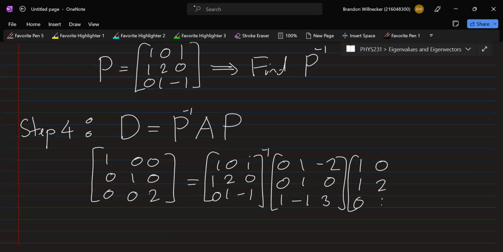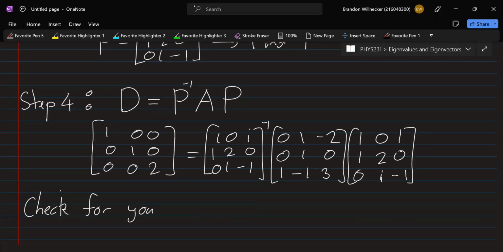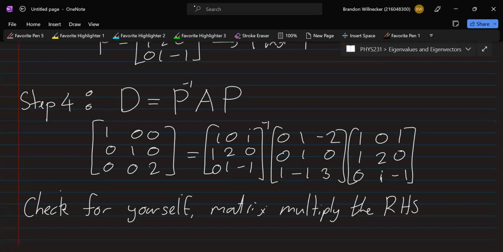You can check this for yourself. Do matrix multiplication for the right-hand side, and you should get the left-hand side.